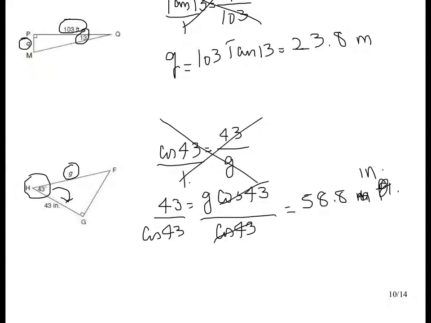Now, just to double check, remember that hypotenuse is the longest side in any triangle. G is 58.8, which is greater than 43, so we are okay. Although we haven't found the value of GF, we can assume that it's going to be less than 58.8.